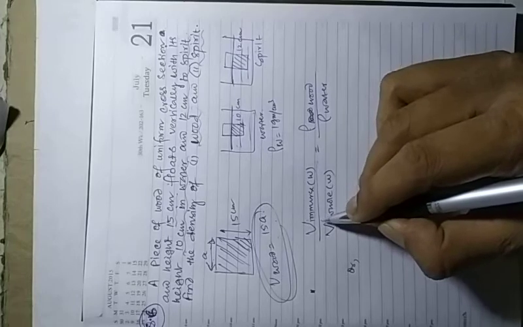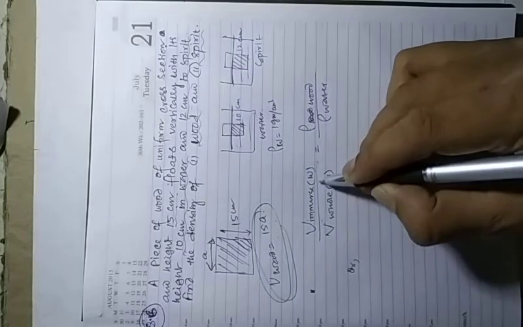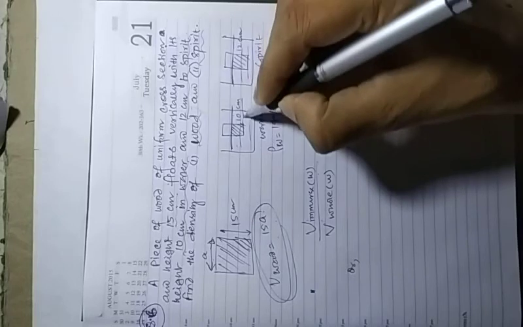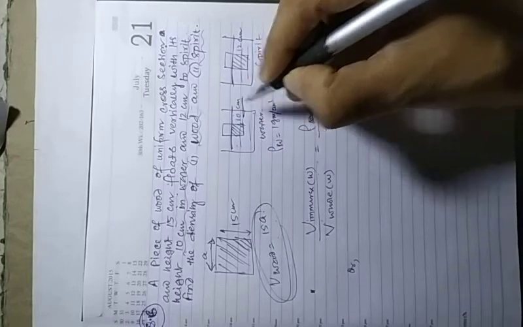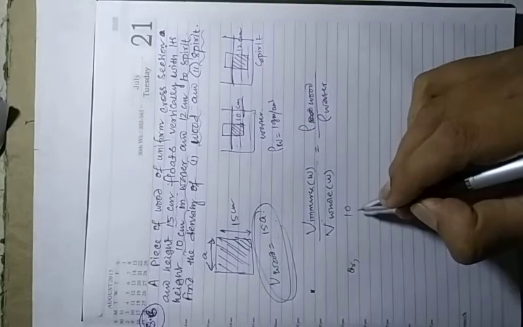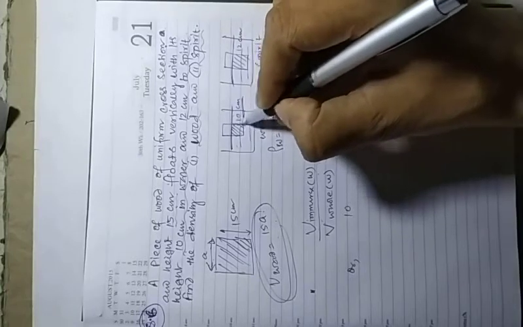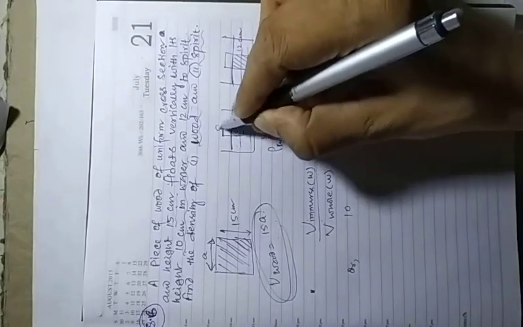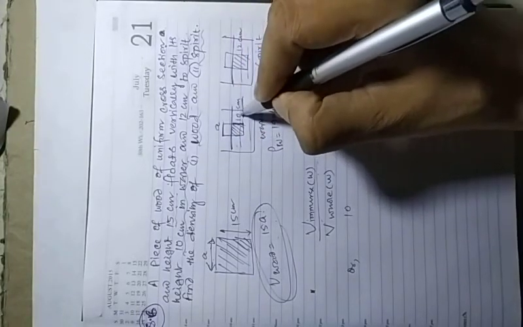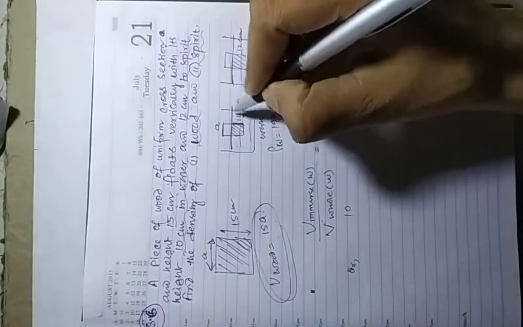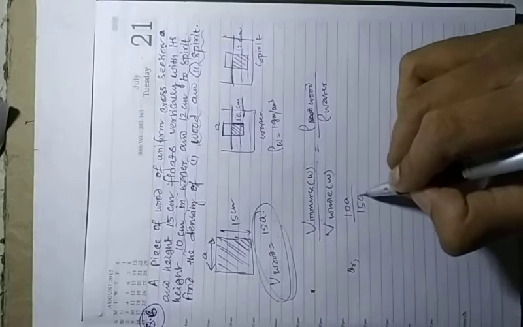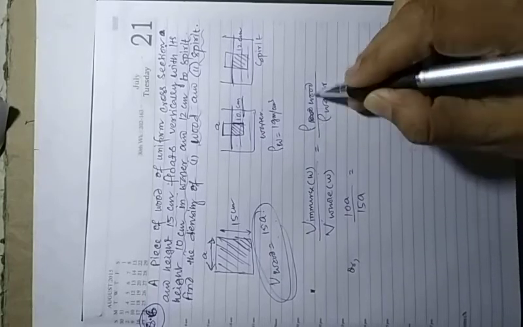So the same relation we use two times. Here the volume of the immersed part is 10 centimeter, given. So 10 is the height, and with uniform cross section A, the volume will be 10 into A, students. So 10A by volume whole 15A is equal to the density of wood.